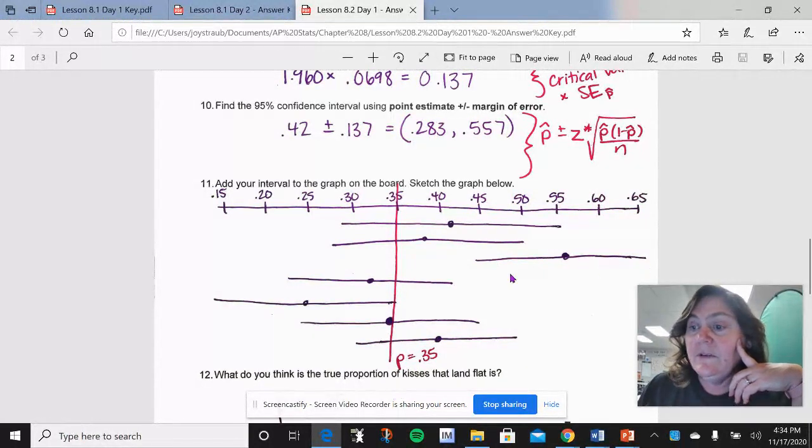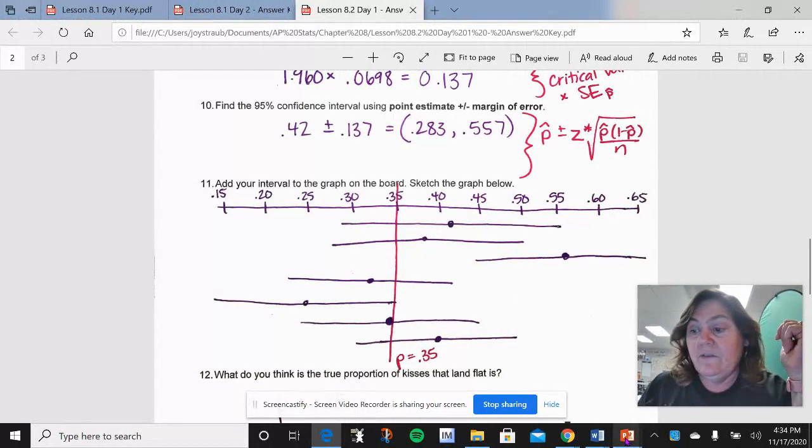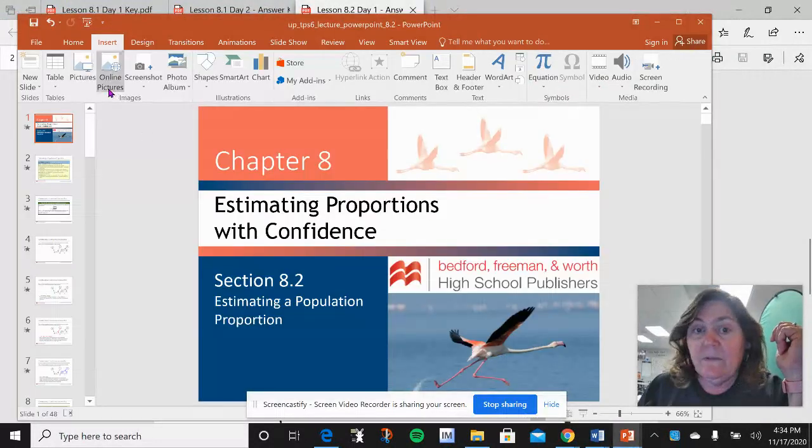This person over here did not capture it at all, but everybody else, barely right there, but everybody else was able to say, yes, within this range is the true proportion of kisses that would land flat. But we're with 95% confidence, so that means sometimes we're going to get an interval that does not capture it. This is just the activity to get us ready for notes. The notes will explain this better if you're feeling a little bit confused from this.